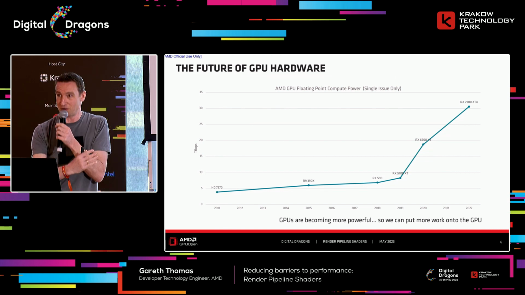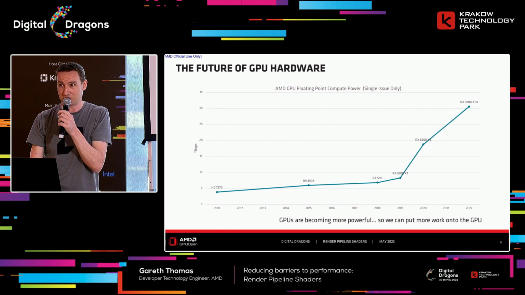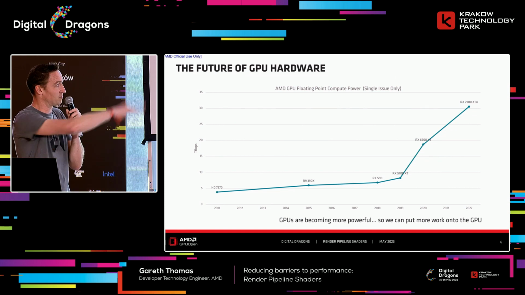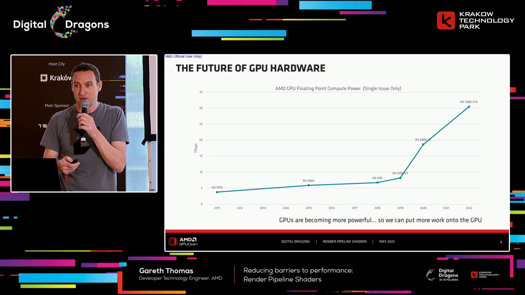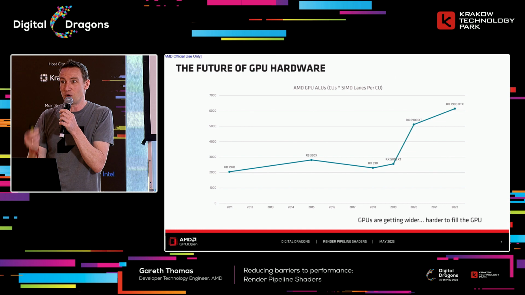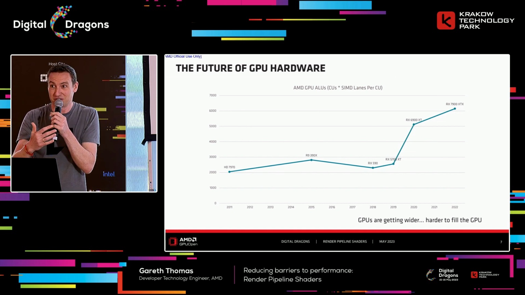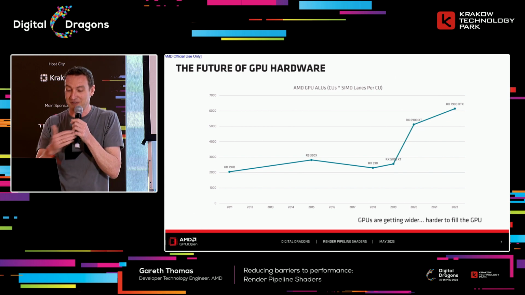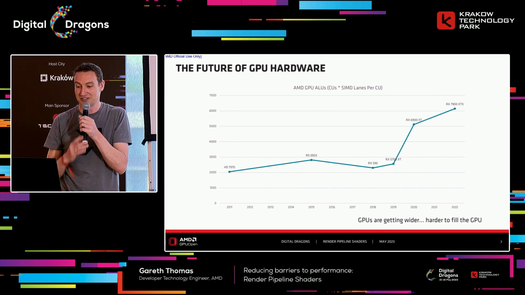So part of this uplift in power and performance of your GPUs is clock speed. GCN1 might have been about 900 megahertz, and then RDNA3 at the other end is 3+ gigahertz. But the machines are getting wider as well. GCN1 was like 2,000 SIMD lanes in the machine, and then RDNA3 is 6,000 plus SIMD lanes.